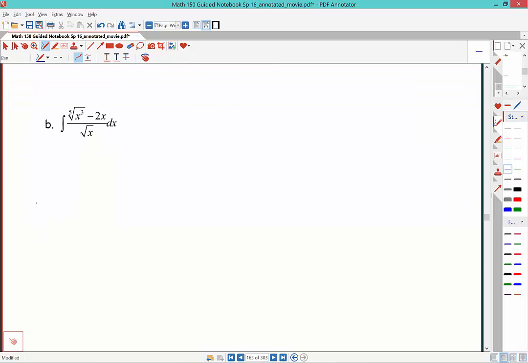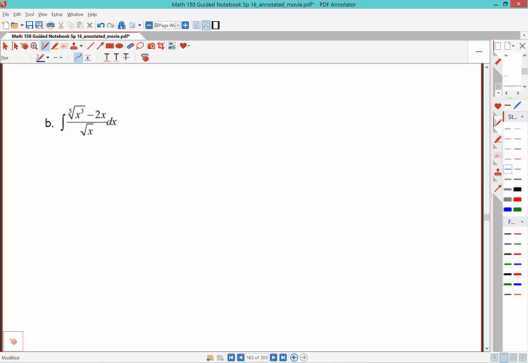Okay, so one of our strongest tools that people forget about is algebra. So here, notice that there was no rule for the quotient of two functions. So what that means is we have to turn this into a difference of two functions.